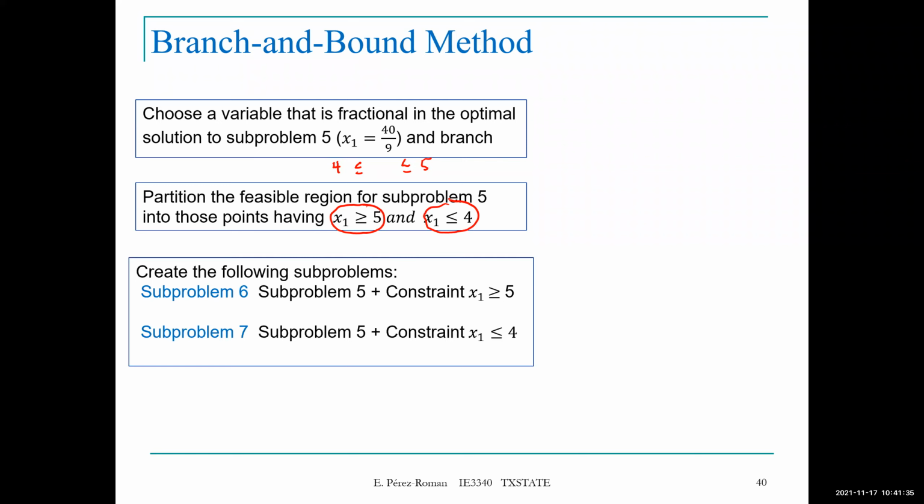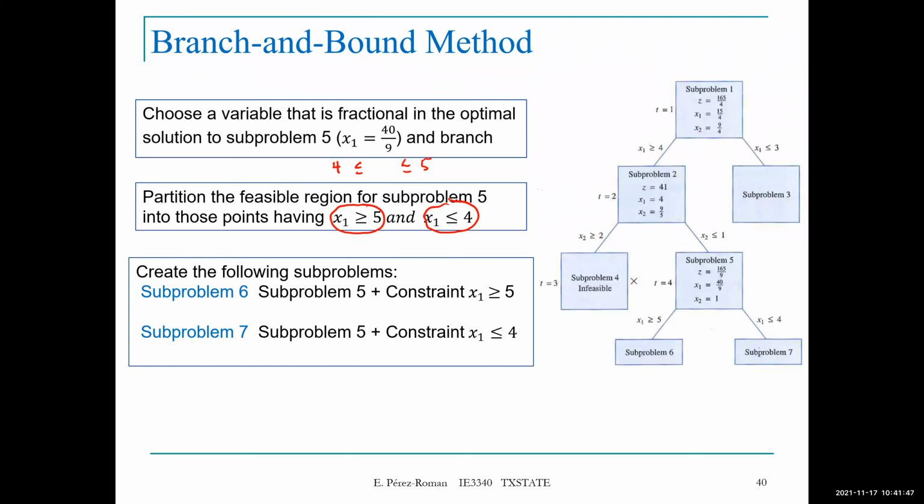So we're going to create two new subproblems, 6 and 7, by adding constraint x1 greater or equal to 5 to subproblem 5, and x1 less than or equal to 4 to subproblem 5. So we are basically, remember, this is no longer an option. So we are branching in this direction now. We're adding x1 greater or equal to 5, x1 less than or equal to 4, and we are creating two new subproblems.